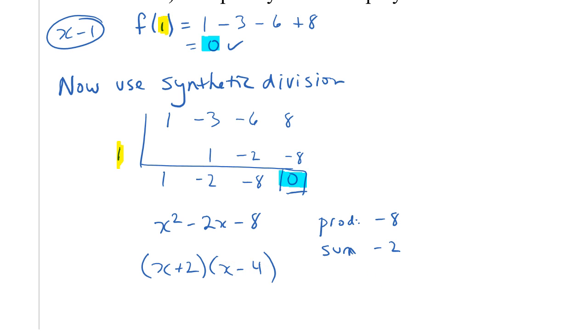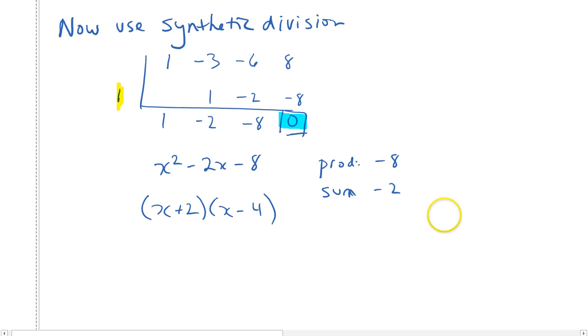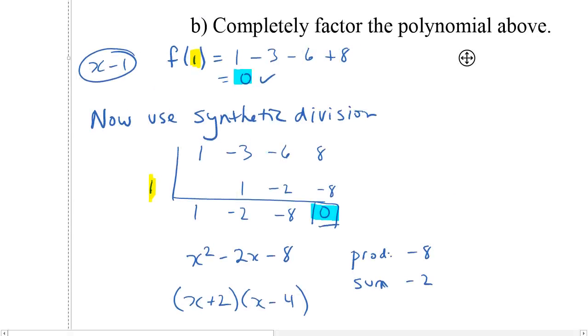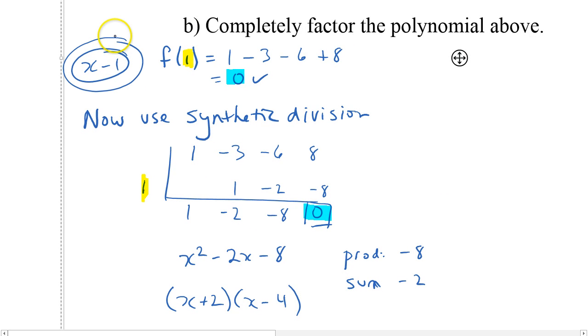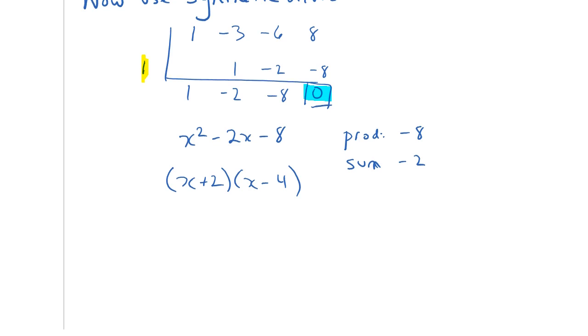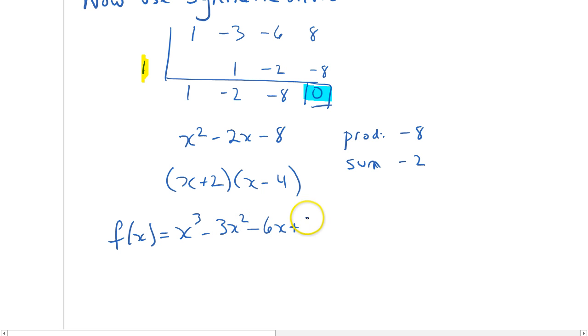Sounds good. So then my final answer, to factor it completely, don't forget my x minus 1, right? So I have three factors. Well, let's write it all out. f of x is equal to x cubed minus 3x squared minus 6x plus 8.